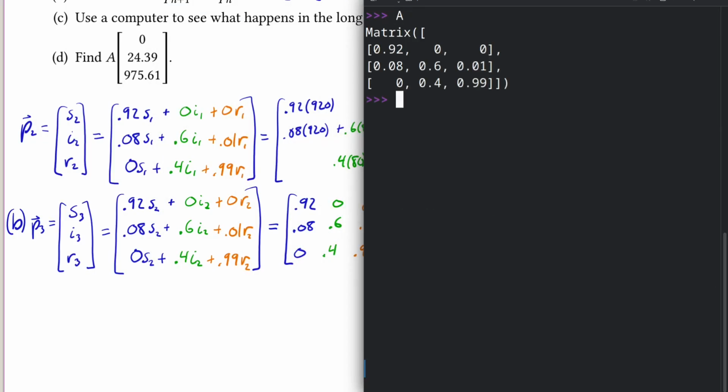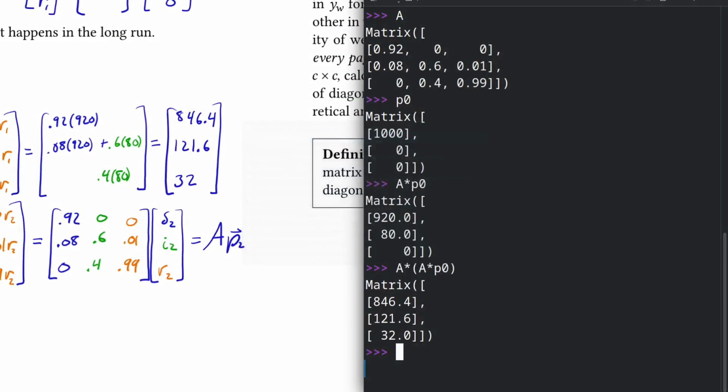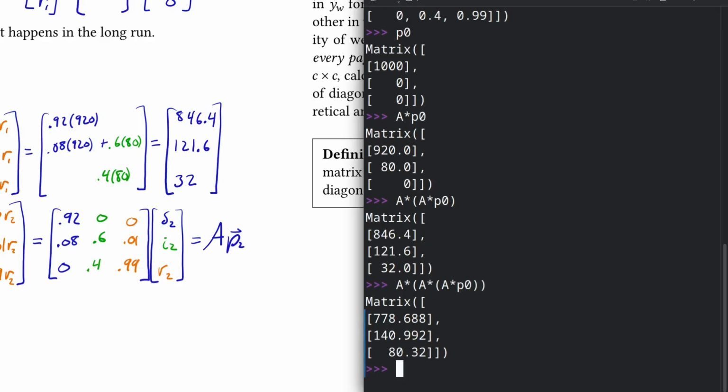All right, so I already typed in the A and the P0 here, so we can ask the computer to do A times P0. That is the same P1 we got earlier. And then we can do A times that to get P2, which is the same thing we got when we did that by hand earlier. And now we want to do A times this to get P3.